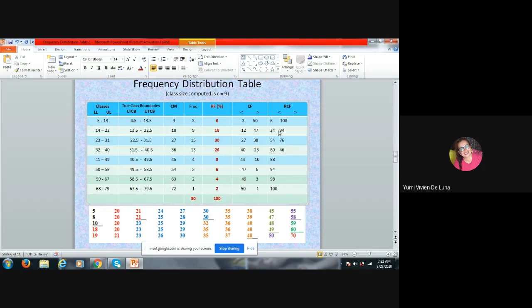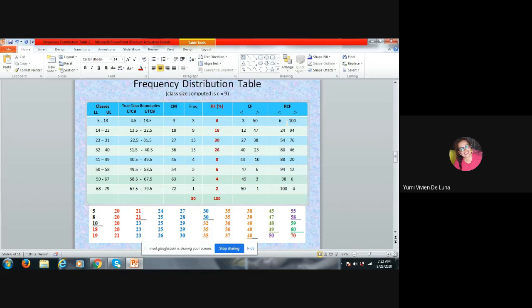And then minus 26 will give us 20. Minus 8 will give us 12. And minus 6 will give us 6. And minus 4 will give us 4. Yay! So, we now have your less than and greater than RCF.